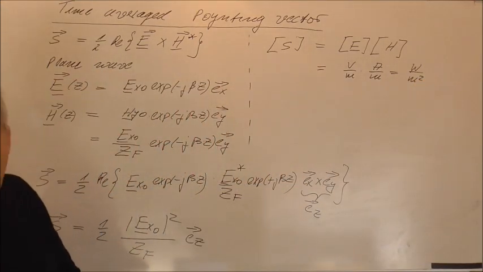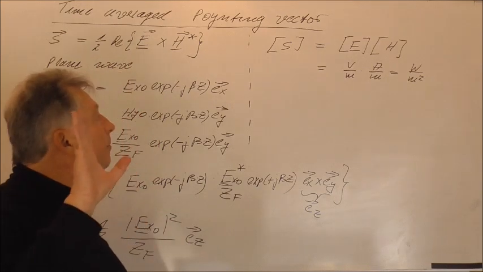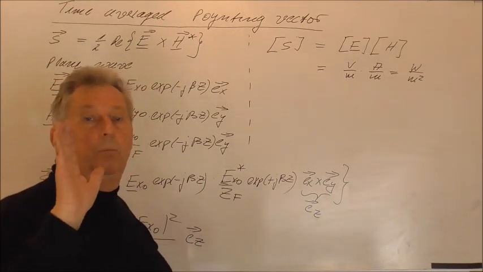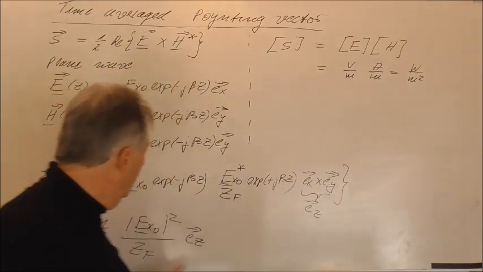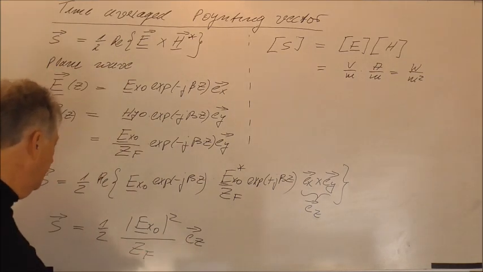This shows us that the Poynting vector describes the power which a plane wave will transport into the z direction.